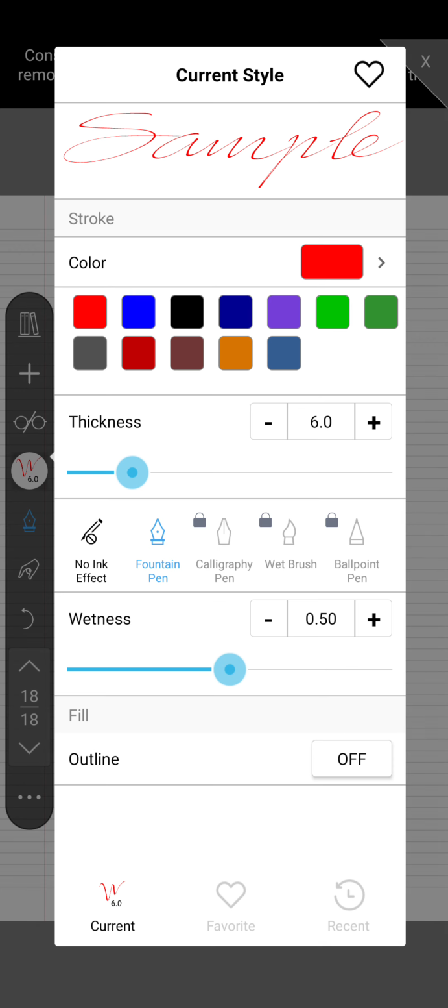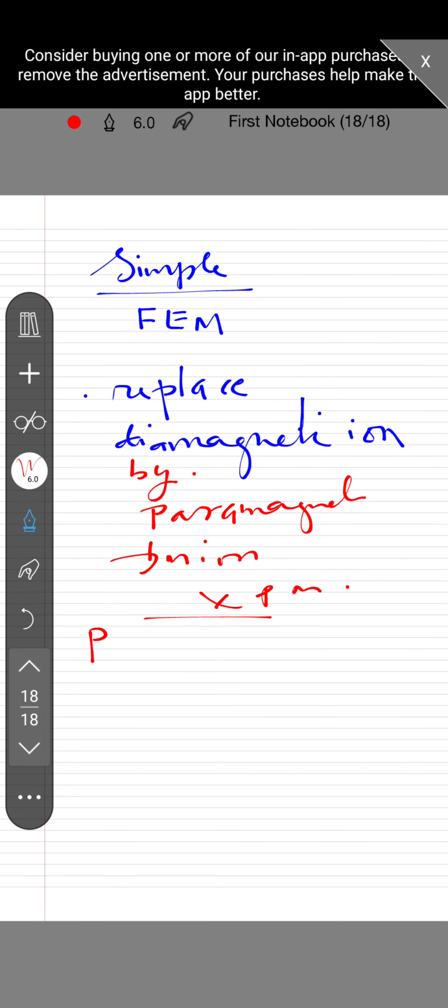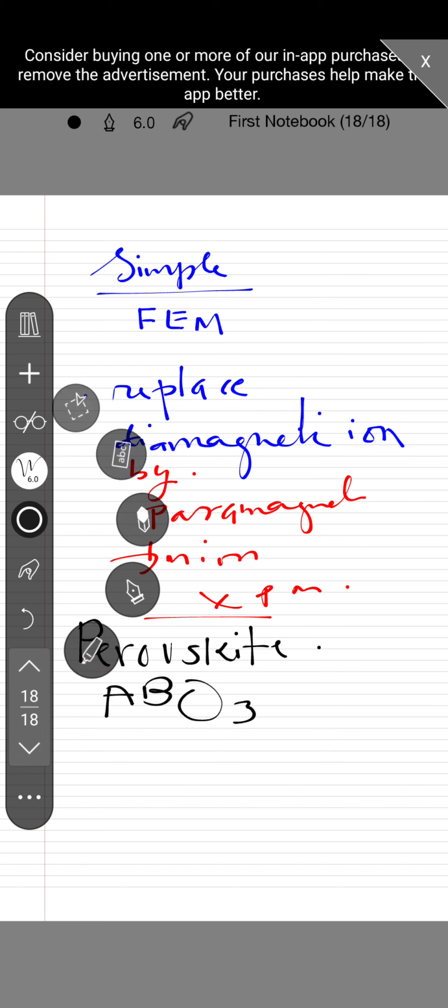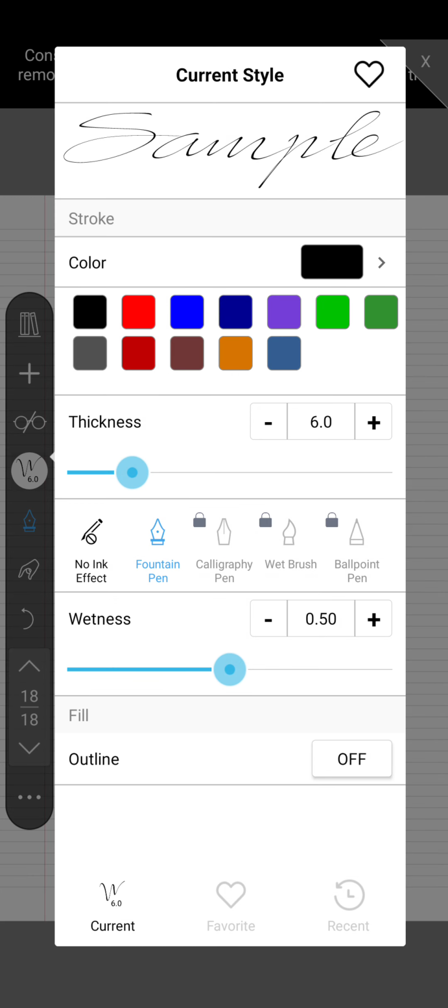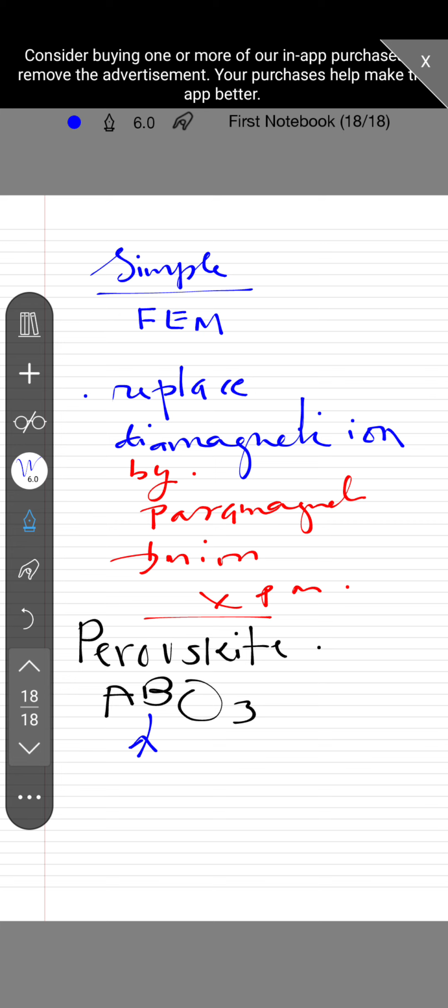So we have a perovskite, ABO3, and this B, these are the octahedral sites. So at these sites, this following transition should take place.